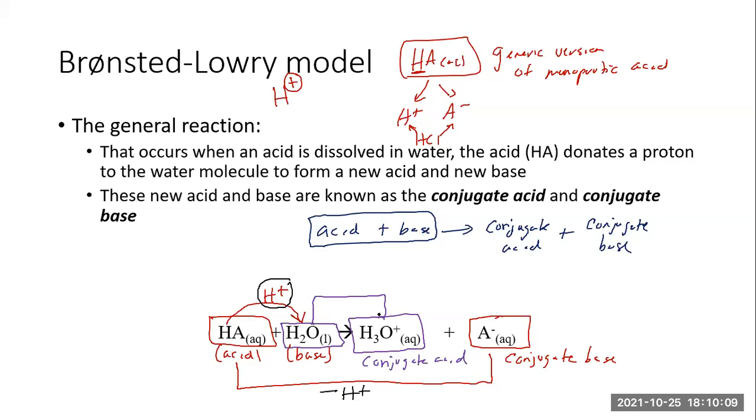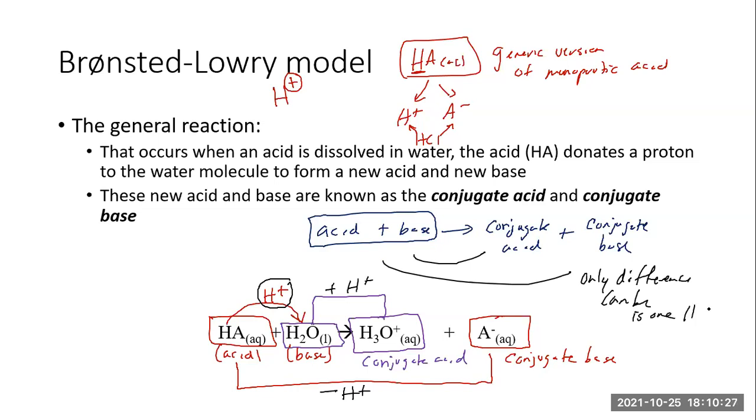Between water and H3O plus, the difference is 1 more H plus. The difference between these guys on the other side, the only difference there can be is 1 H plus only.